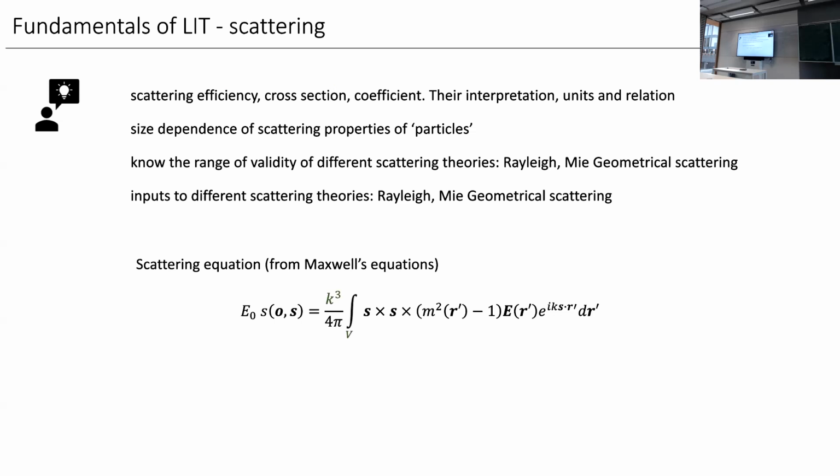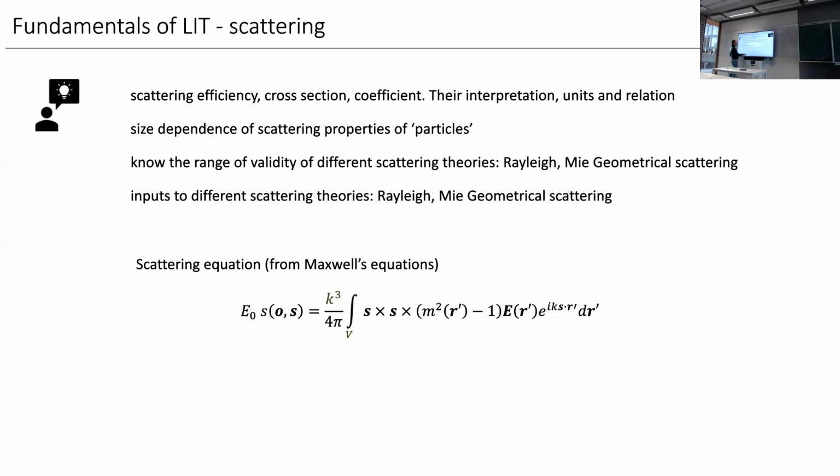Then we discussed, a couple of lectures ago, a more general case where we described the material as a distribution of refractive index. So m is the refractive index, and m squared minus 1 is called the scattering potential. From this equation, that compares these outer products, which describe the polarization of light, the incident and the total field over here.